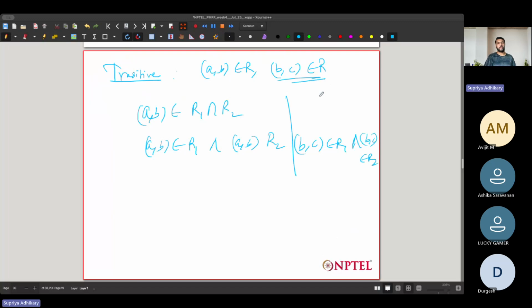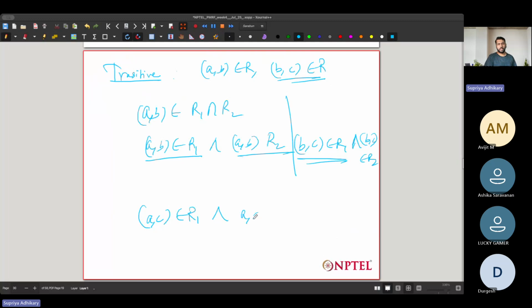Now, AB belongs to R1 and BC belongs to R1. So that should imply that AC belongs to R1. And AB belongs to R2 and BC belongs to R2.